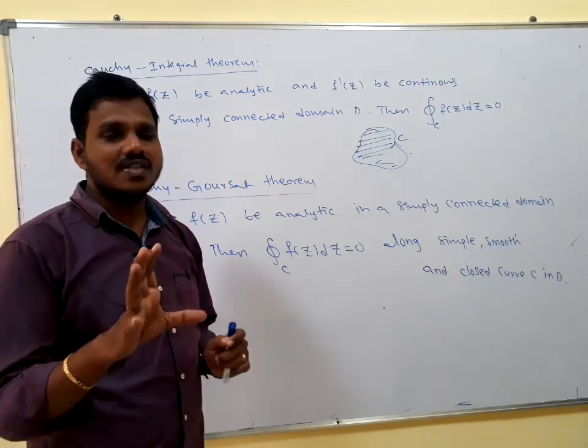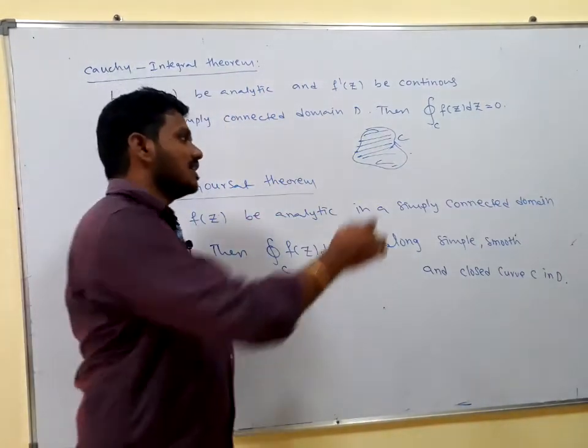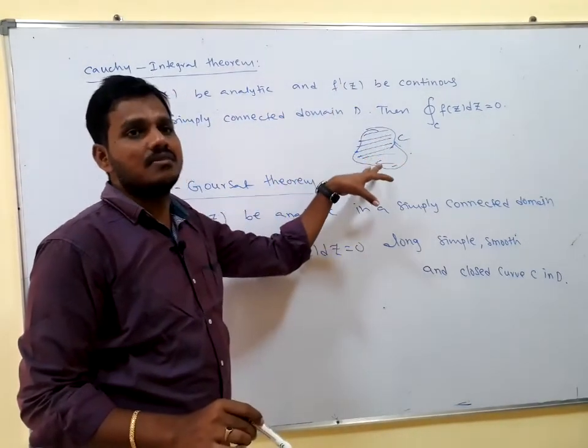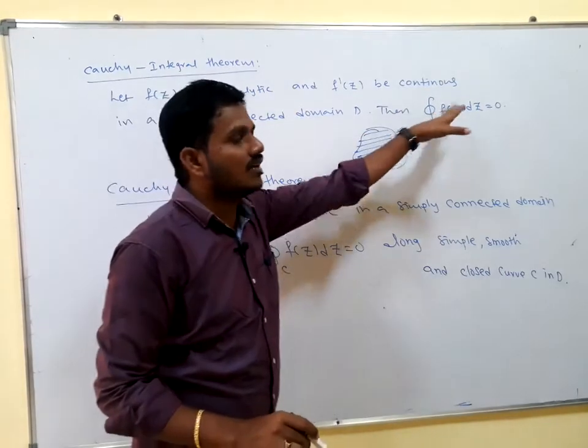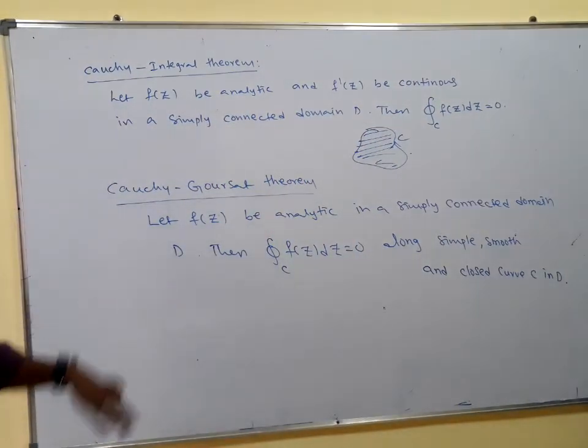The function f of z is analytic inside the simply connected domain, and f dash of z is continuous inside it, then the integral value becomes 0. Right? This is a great advantage of Cauchy's integral theorem.